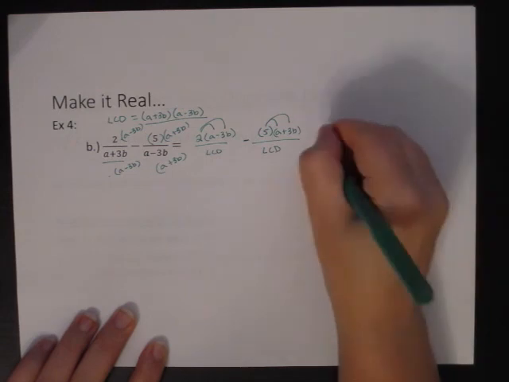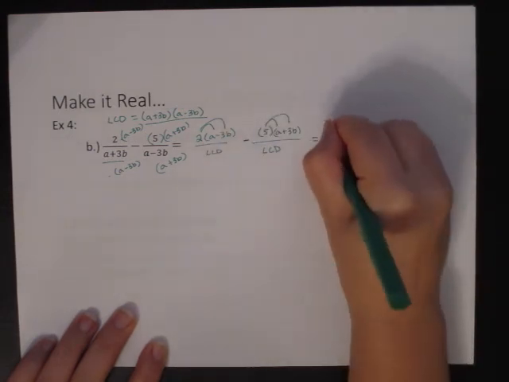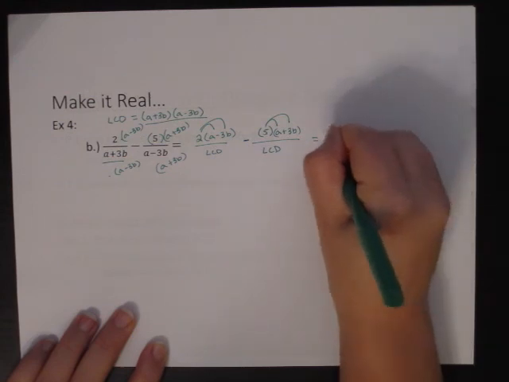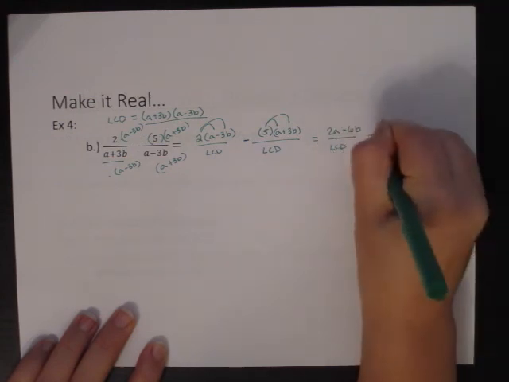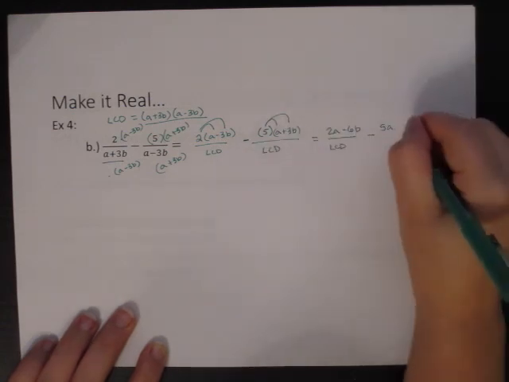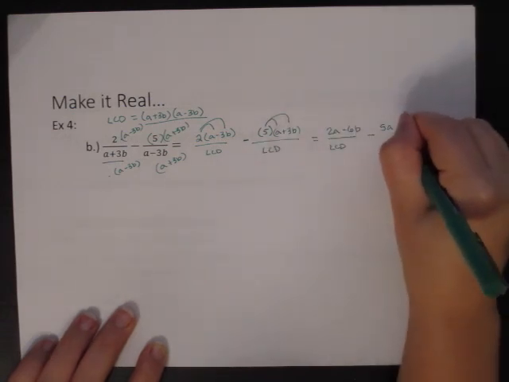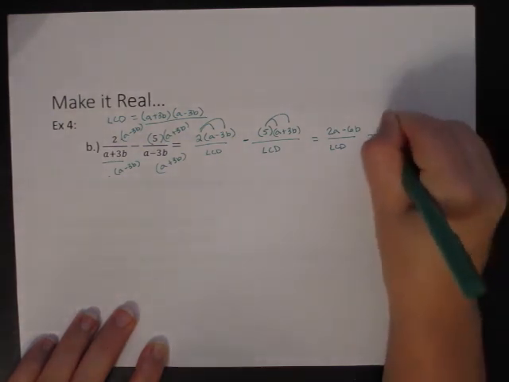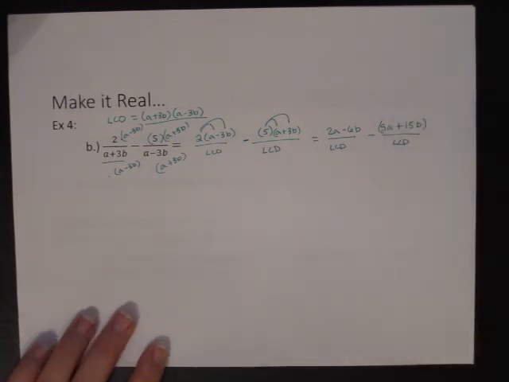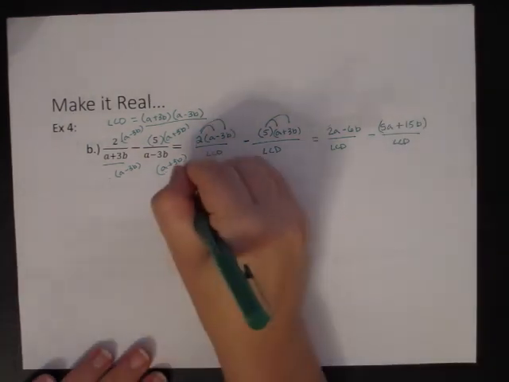Alright, so what I've got to do is distribute the 2, and distribute the 5. So 2 times a would be 2a, 2 times 3b would be 6b over LCD, minus 5 times a would be 5a, 5 times 3b would be plus 15b. Now, it's super important to make sure that you keep that all in parentheses, because it's still a subtraction problem. Okay?